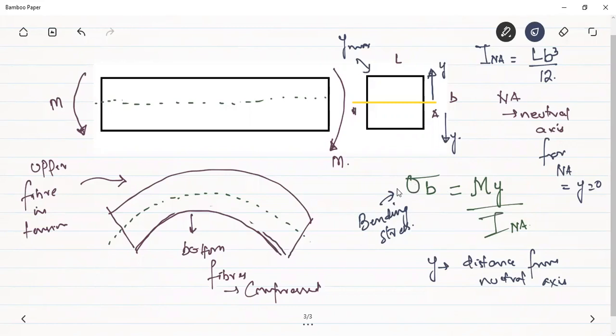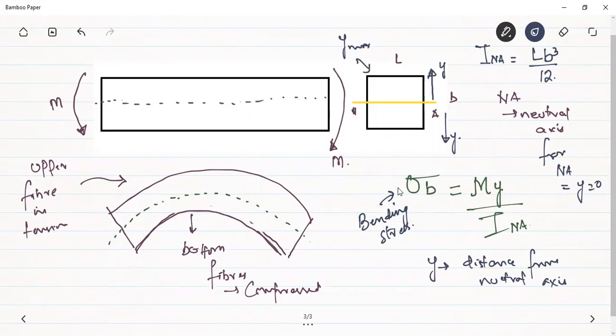Therefore, it is possible to give higher loads, because bending stress is inversely proportional to moment of inertia. That is, higher the moment of inertia of the cross section, more will be the resistance to bending.